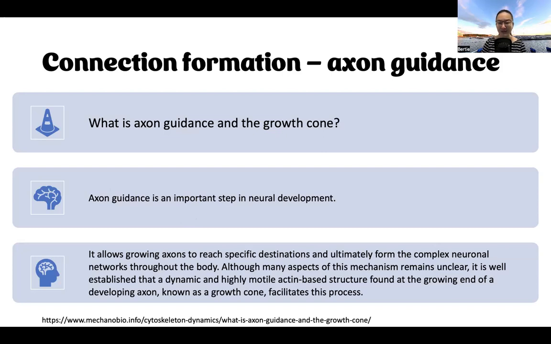Although many aspects of this mechanism remain unclear, it is well established that a dynamic and highly motile actin-based structure found at the growing end of a developing axon, known as the growth cone, facilitates this process.